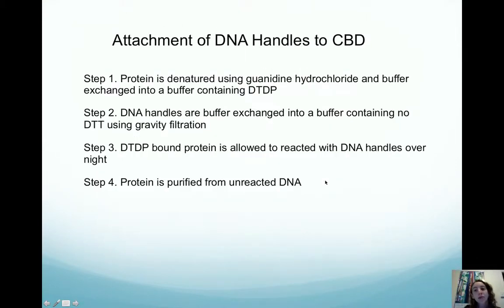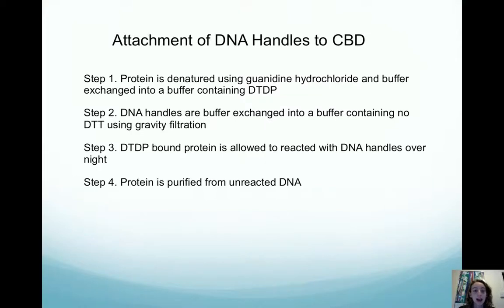And so for my protein, it was a little bit more complicated because it just so happened that the two free ends were unusually close to one another. So I had to take a few extra measures. We had to denature the protein to separate the ends as far as possible before we actually derivatize with DTDP.